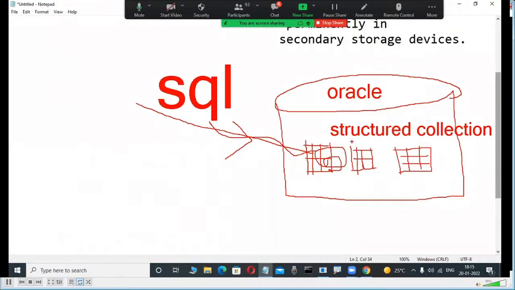But MongoDB and those types of databases are different. There is no SQL there; it uses JavaScript and similar languages. But SQL is one separate language, through which we operate on data in these types of databases.